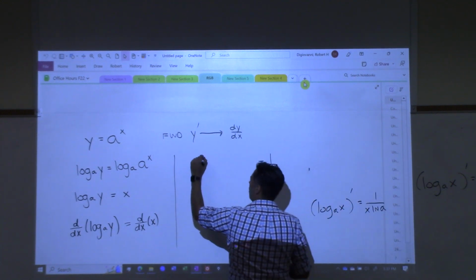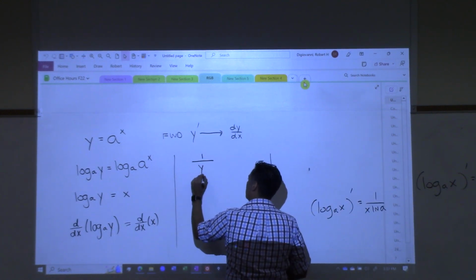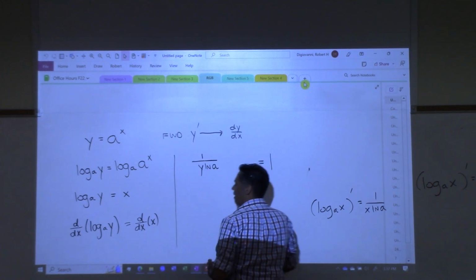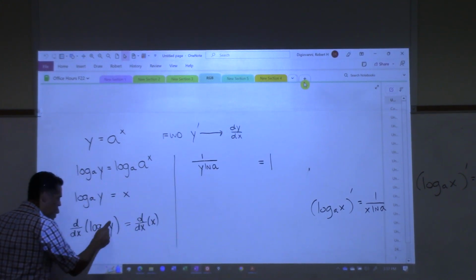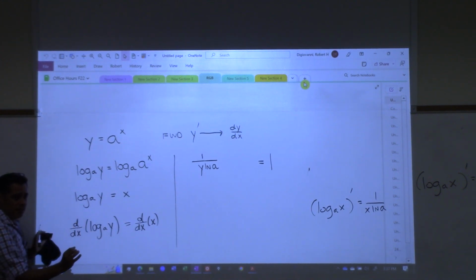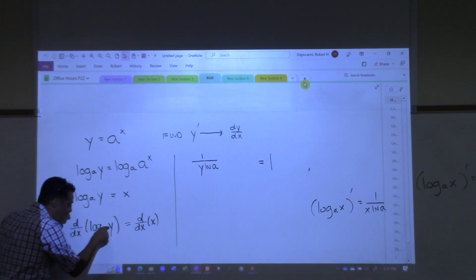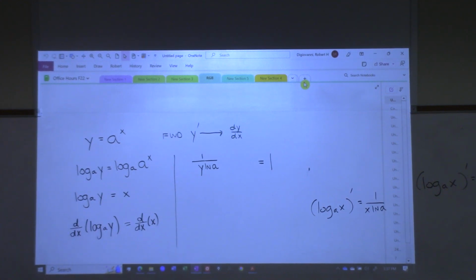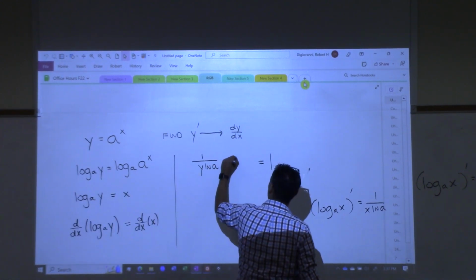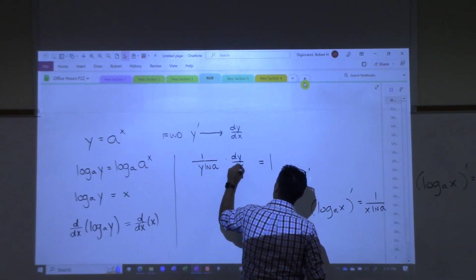So it's 1 over y ln of a, right? That's the derivative of this, 1 over y natural log of a, but you have chain rule still. What's the derivative of y with respect to x? dy dx. So you still have a dy dx next to this. And that's great because that's what I'm solving for.